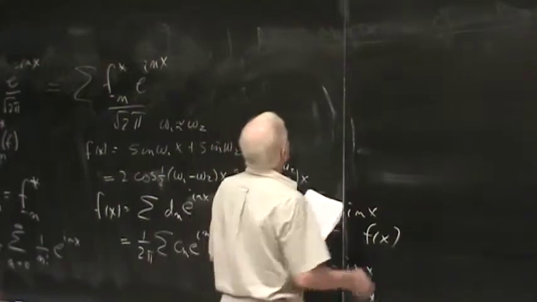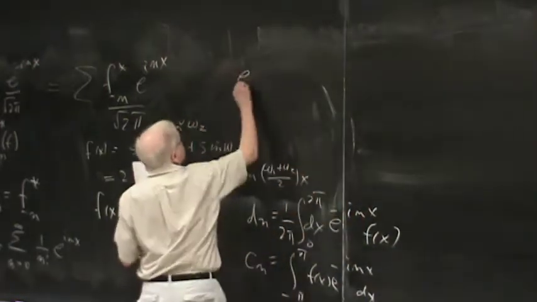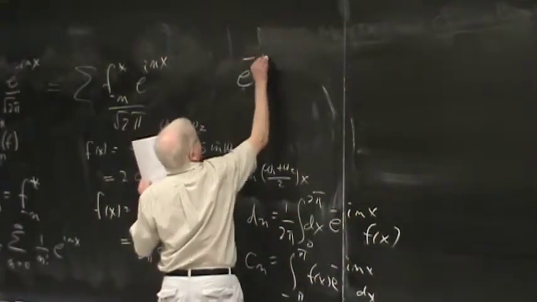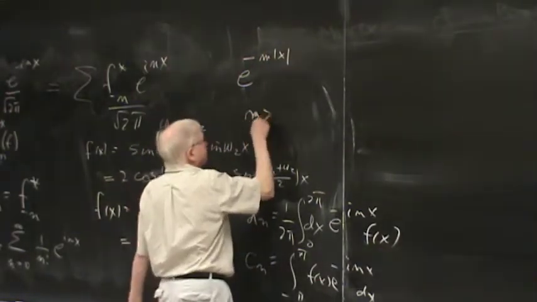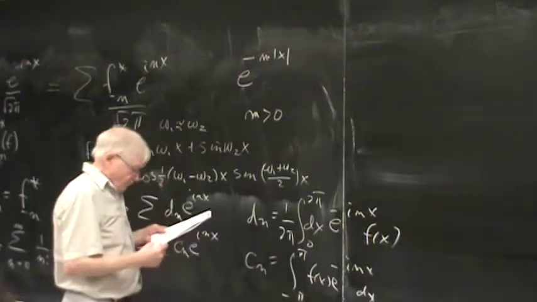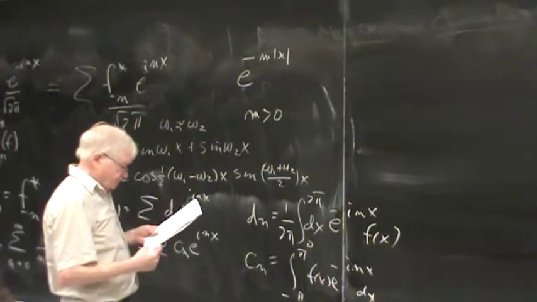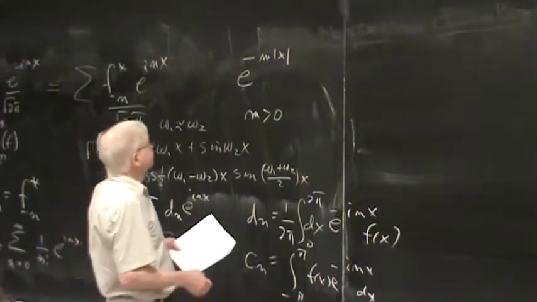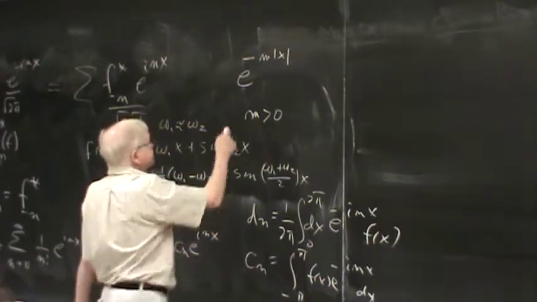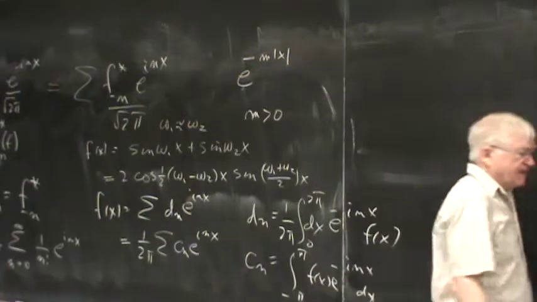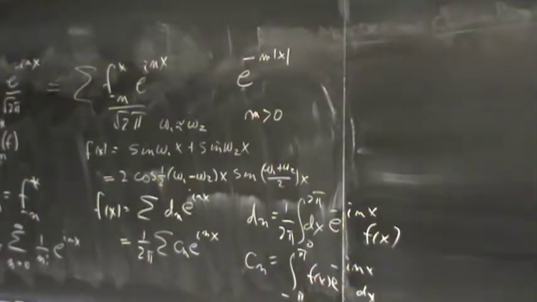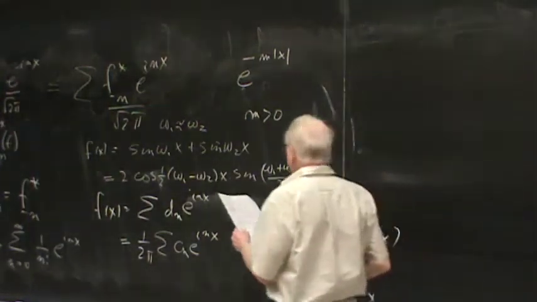So the first example is a function e to the minus m absolute value of x, and here I'm thinking m greater than 0. Since this is a symmetric function about 0, it's natural to do the Fourier series on an interval from minus pi to pi.